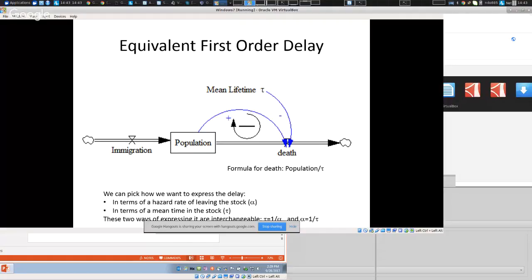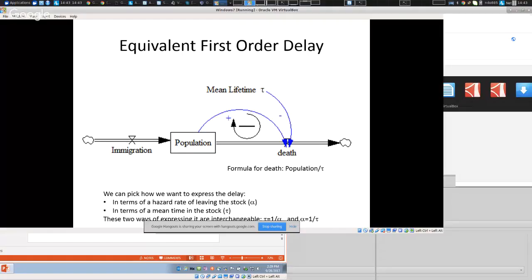So if we have a bathtub, we have 50 liters in the bathtub, and the water is coming in at 10 liters a second, and it's leaving at 5 liters a second. The point is that those flows have whatever the dimension is and whatever the unit is associated with the stock divided by the dimension or unit, respectively, associated with time. Does that make sense?